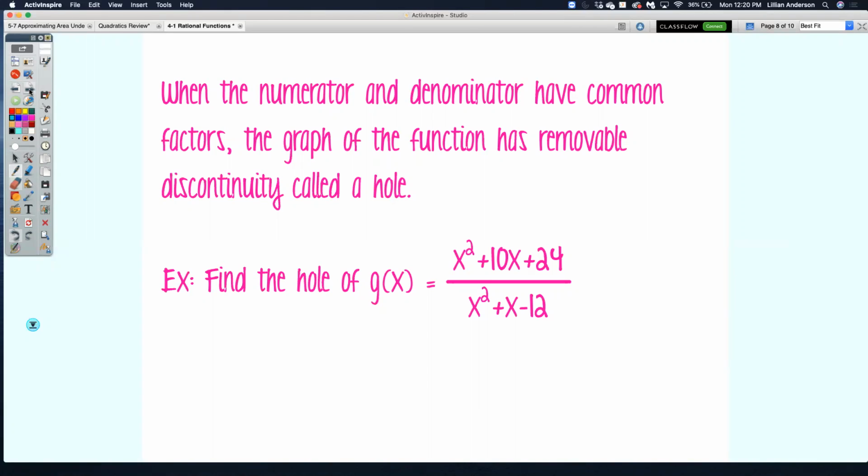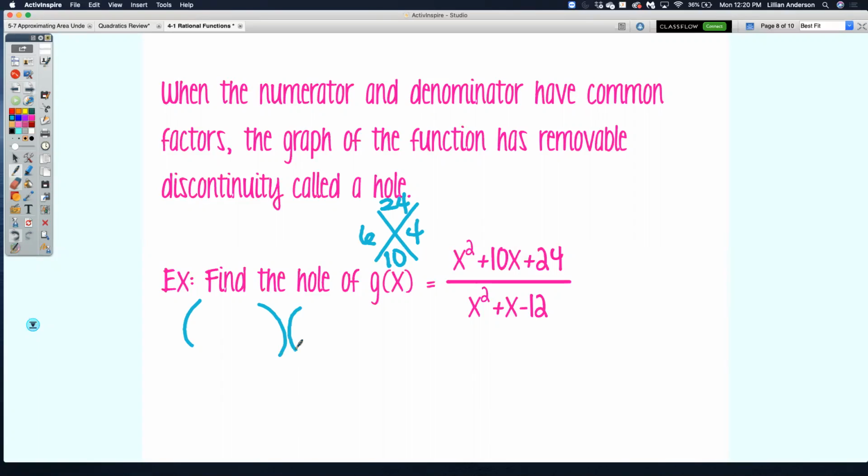To find it, you want to simplify the top and simplify the bottom. You do that by factoring the top and the bottom. So if I were to factor the top, I'm looking for two numbers that multiply to give me 24 and add together to give me 10. 6 and 4.